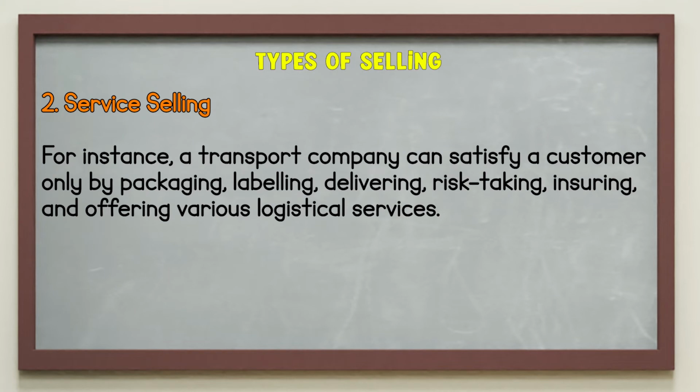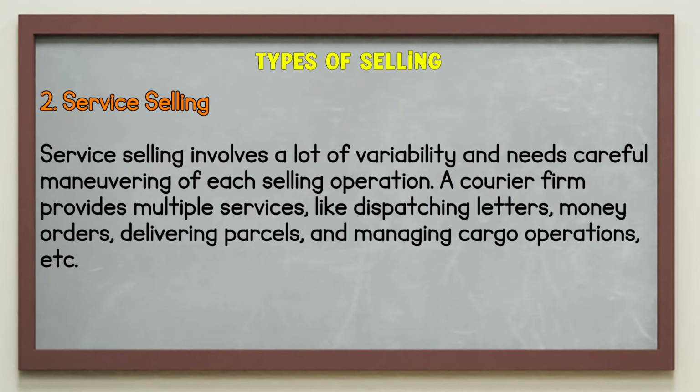For instance, a transport company can satisfy a customer only by packaging, labeling, delivering, risk-taking, insuring, and offering various logistics services. Students, be careful to note that service selling involves a lot of variability and needs careful maneuvering of each selling operation. A courier firm provides multiple services like dispatching letters, money orders, delivering parcels, managing cargo operations, etc.